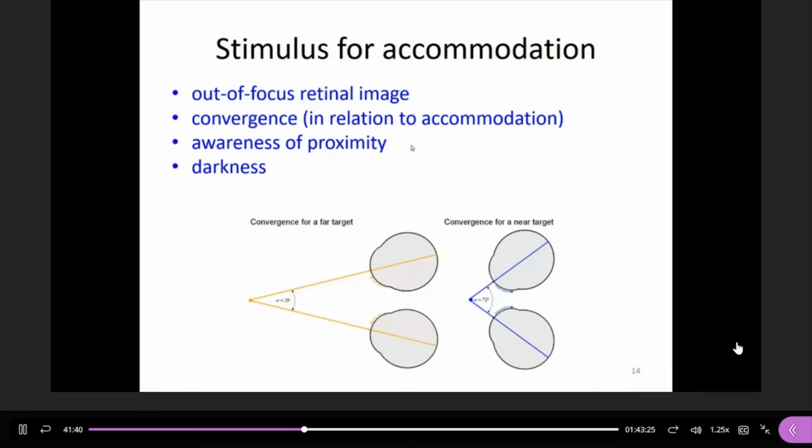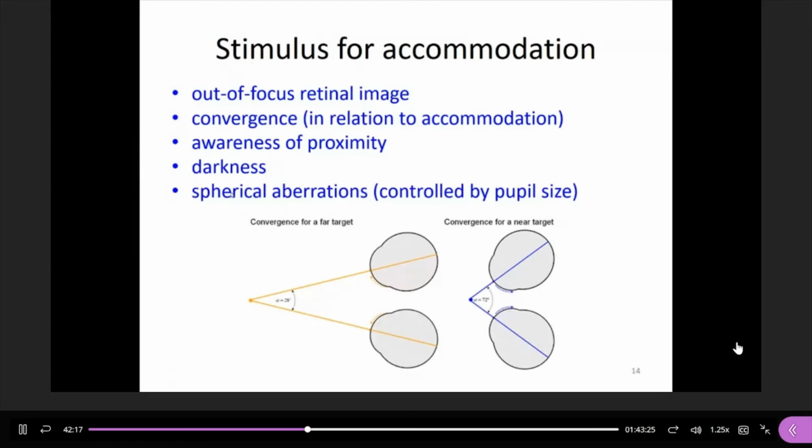Fourth is darkness. If you're in a total dark room where you can't see anything, your eye will accommodate. The reason for that is not that clear, but it might be related to the last one, spherical aberration, because in a dark room the spherical aberration increases. This is because you have a dilated pupil.